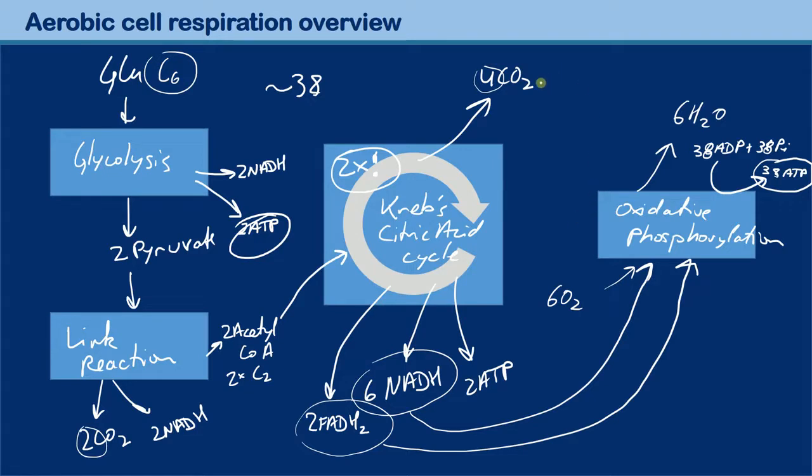What I read somewhere as a good average is that we're making around a total of 38 ATPs per molecule of glucose, but we're taking away 2 at the beginning for glycolysis, so we're making around 36 net. Okay, 36 molecules net ATP per molecule of glucose. So that is the overview.